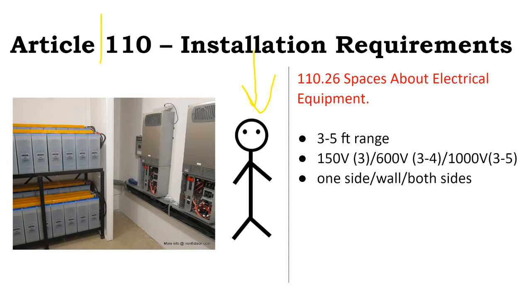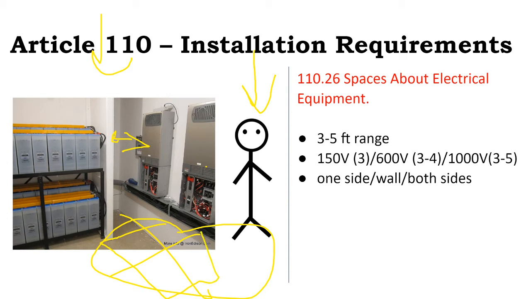Battery rooms have to be lit. They can't not have any lights in them. You can't be shoved up against a wall here. And in fact, the space that has to be storage free and kept away from stuff, that dedicated space on the floor is shorter if there's nothing behind you, which is a weird concept because there's nothing behind you, so you have infinite space, but that dedicated space only needs to be like 3 feet.